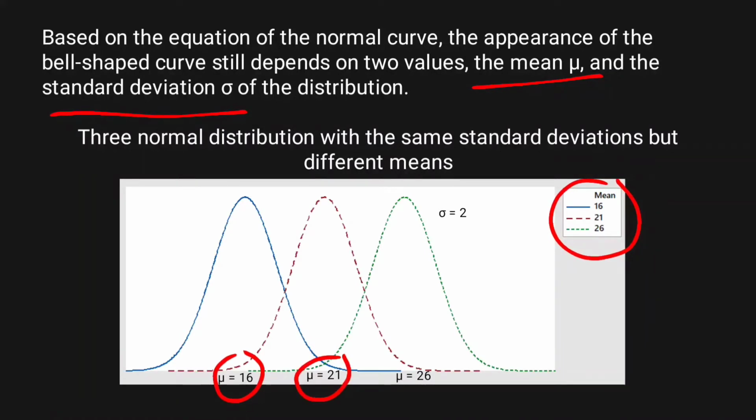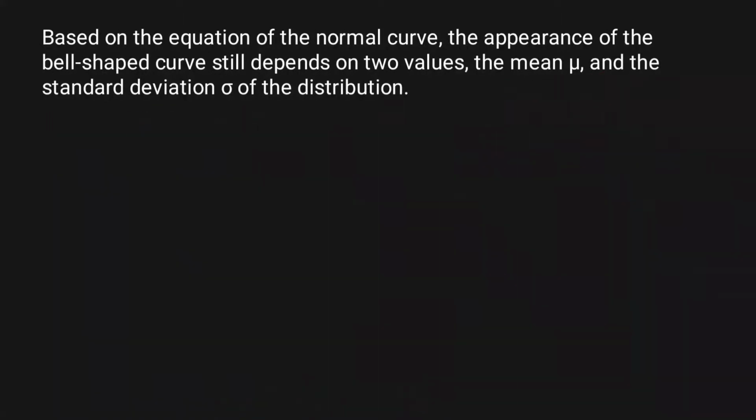Then we have 21 and 26. And standard deviation nila is 2 lahat. So kung mapapansin nyo, yung graph natin, pare-parehas lang ng size, pero magkakaiba lang magkakalayo sila dahil magkakaiba nga ng mean. Okay?